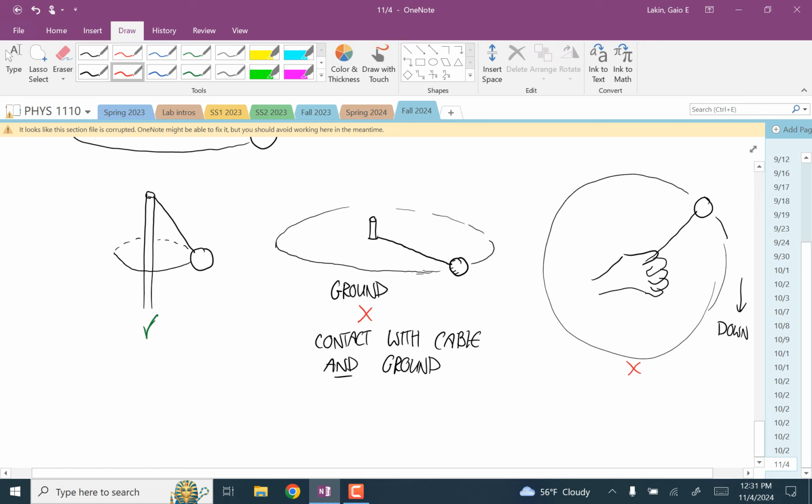That one doesn't work because the circular path isn't parallel to the ground.